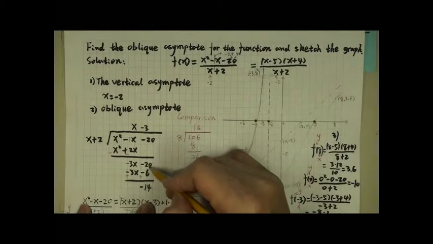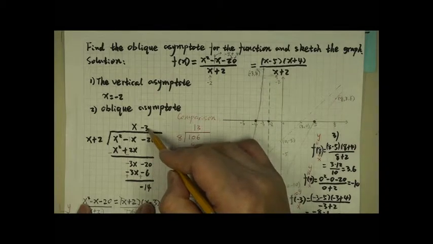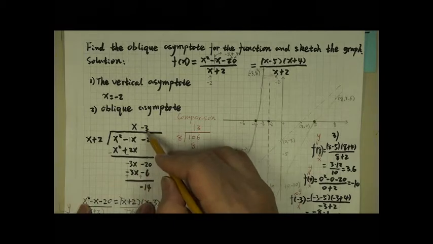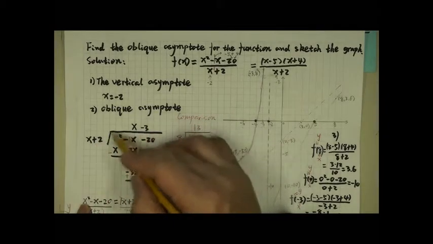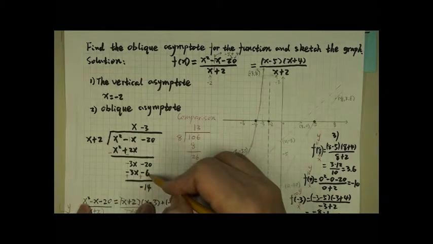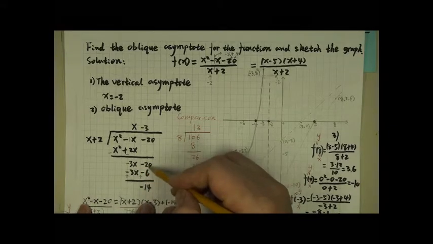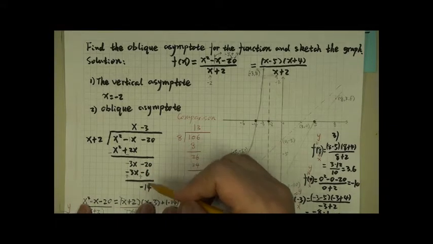Negative 20 moves down. You need negative 3 times x, gives you negative 3x. Negative 3 times 2 gives you negative 6. Minus the following one, change the sign all to plus. Cancel that. You have negative 20 plus 6, which is negative 14.